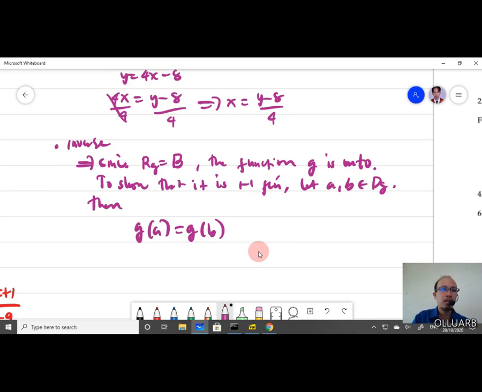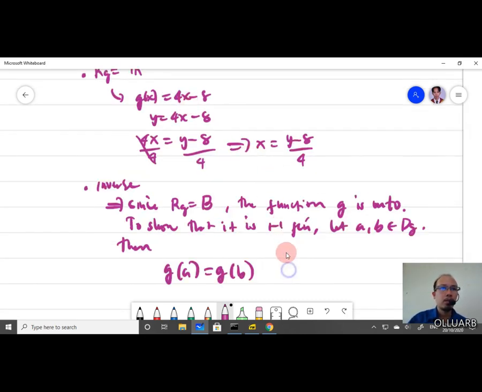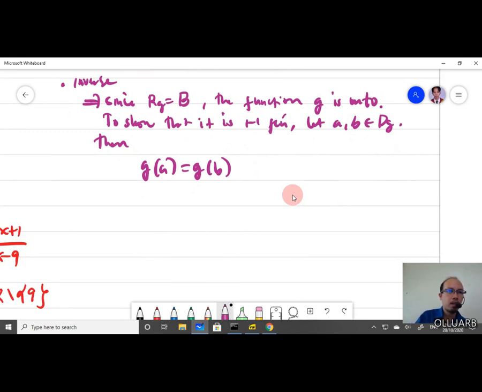Okay, so based on our discussion here, the given is 4x minus 8, so this is 4a minus 8, and this is 4b minus 8, and then simplifying, so the minus 8 cancels, and what remains here is 4a is equal to 4b. So divide both sides by 4.